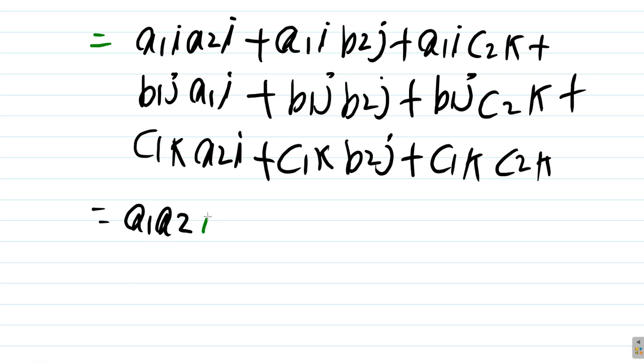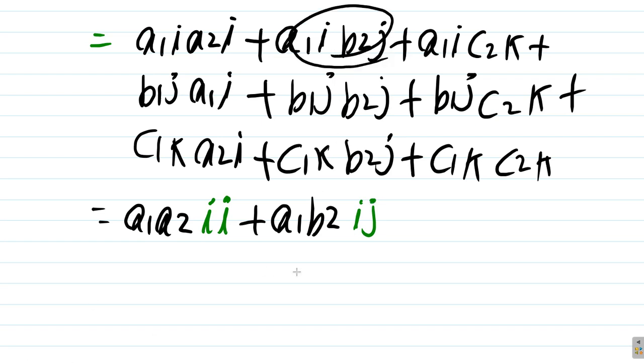Let's use a different color. II. My gosh, I keep writing T. Plus, then we have A1, B2, and then IJ.